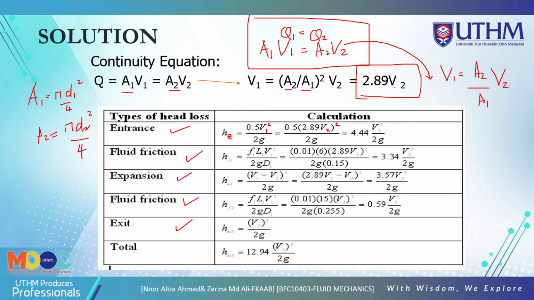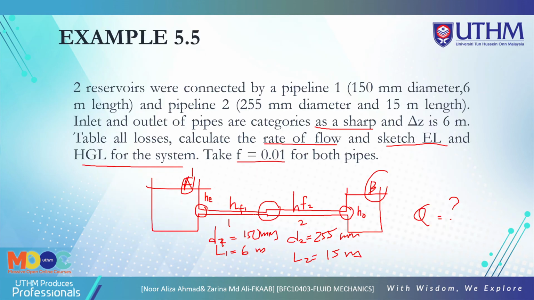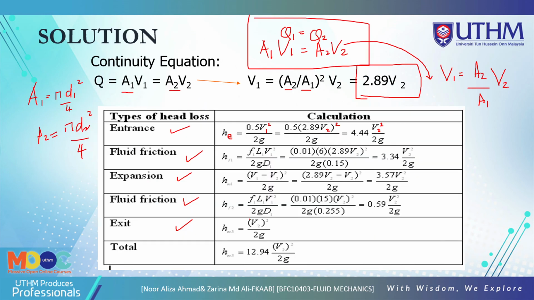V1 is just changed to V2 here, so you get V2 squared. Okay, so you get this one. And then for the fluid friction, HF1, in pipe 1: HF1 is F1, L1, V1 squared over 2g D1.